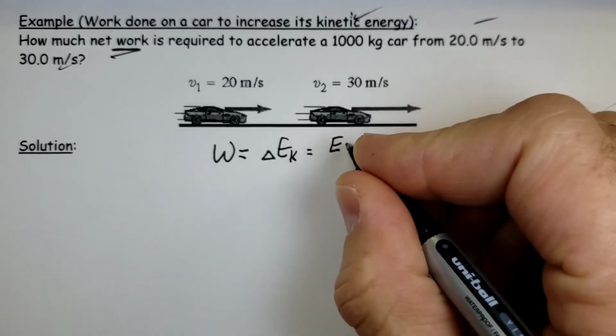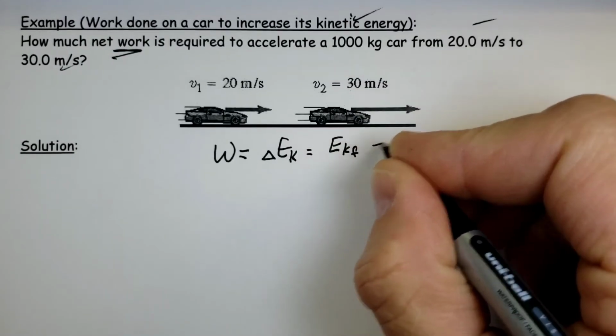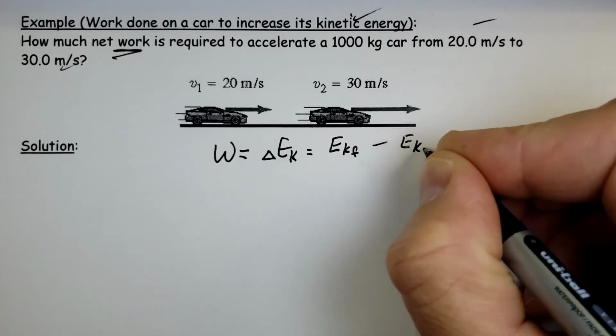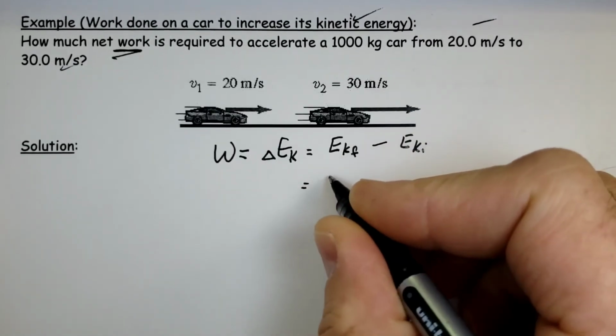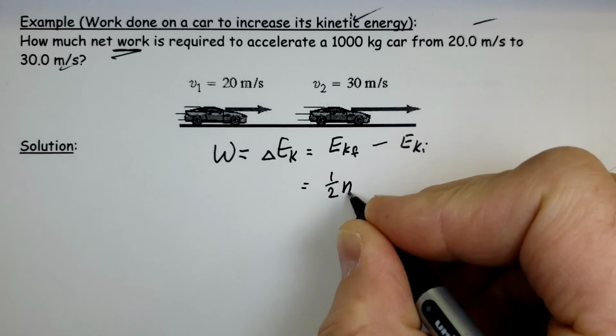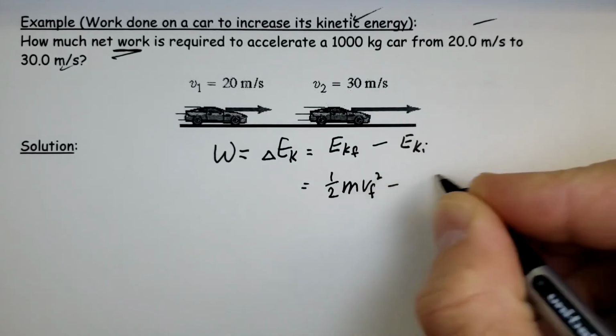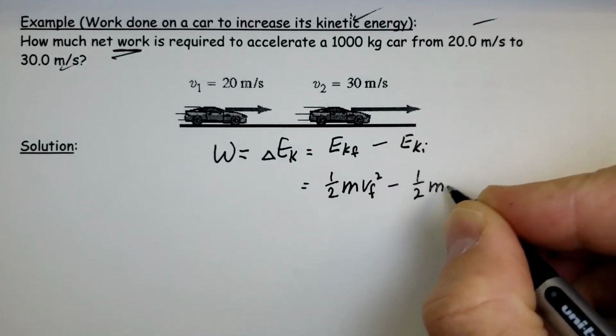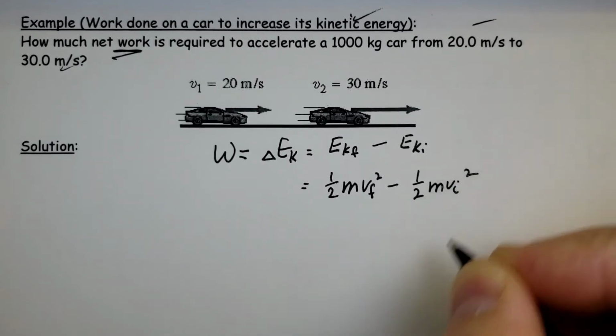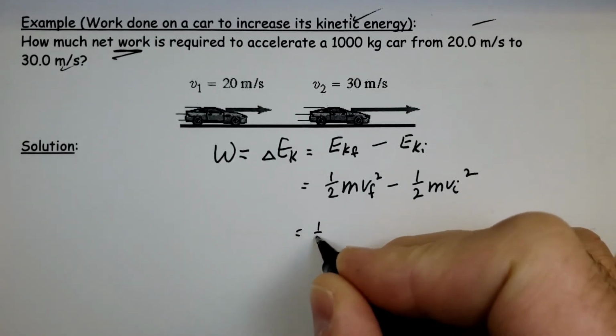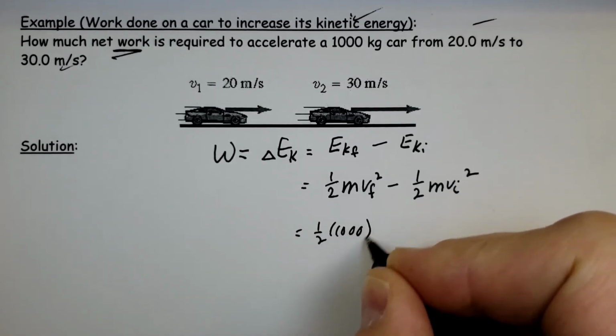So we have final kinetic energy minus initial kinetic energy. And of course, we can state that as 1/2 mv final squared minus 1/2 mv initial squared. So it's a 1000 kg car.